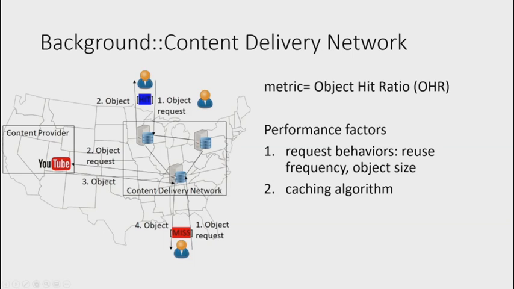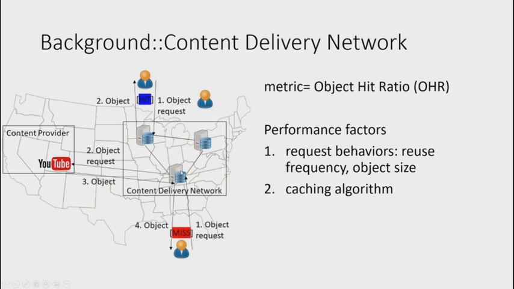The performance metric to measure the effectiveness of a cache server is object hit ratio. If the object hit ratio is 70%, it means that for every 100 received object requests, 70 of them can be serviced by the cache server.